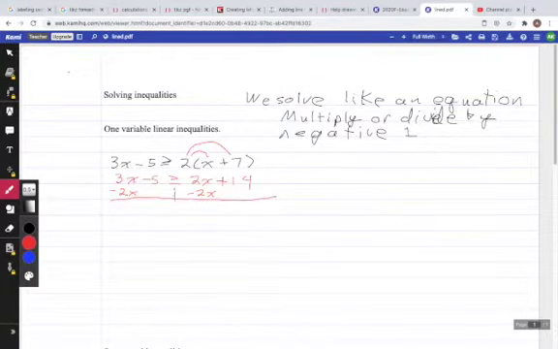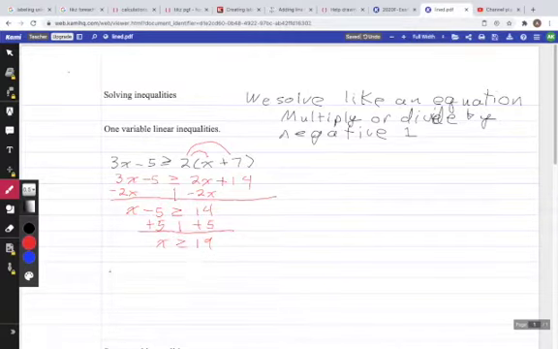So when we move the 2x, we end up with x minus 5 is greater than or equal to 14. Then to finish solving, we add 5 to both sides of our inequality, and we get x is greater than or equal to 19. This is one way of expressing our solution.